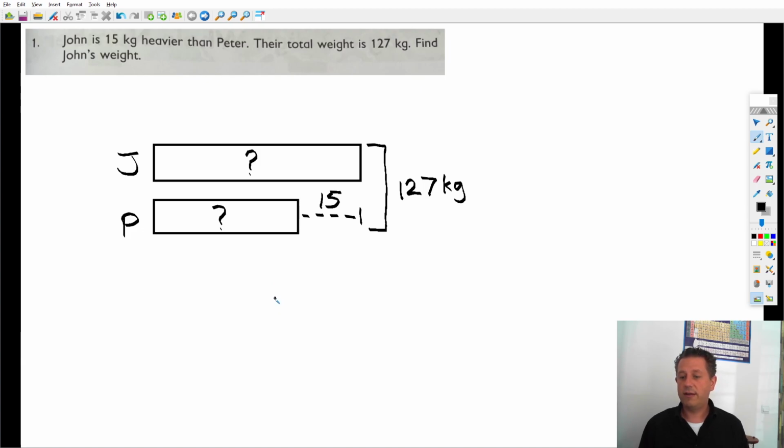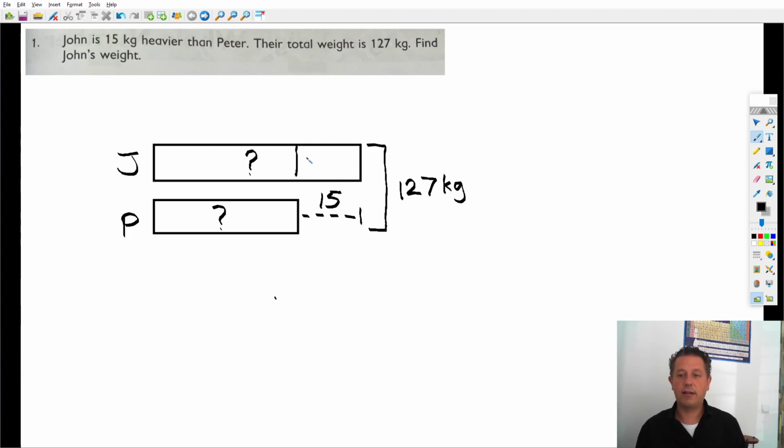The first way is we could add 15 to this total amount. That means we're imaginarily adding 15 kilograms to Peter so that he weighs the same. The other option that this particular student did was subtract 15 kilos from John's weight temporarily.